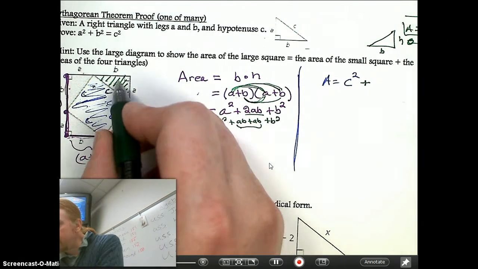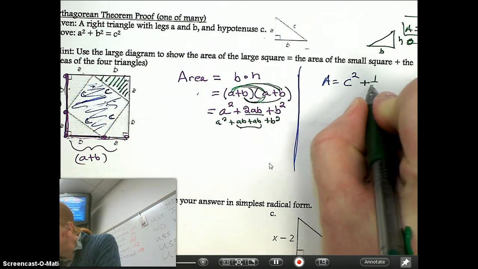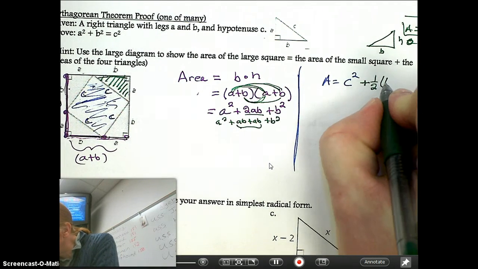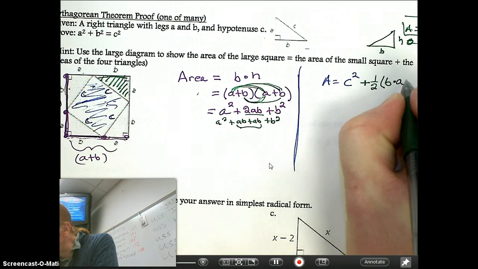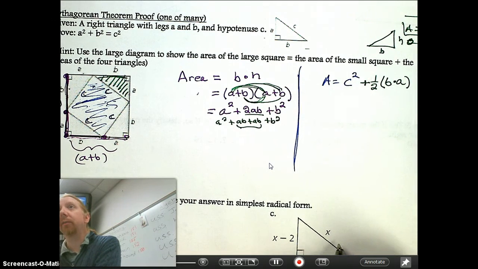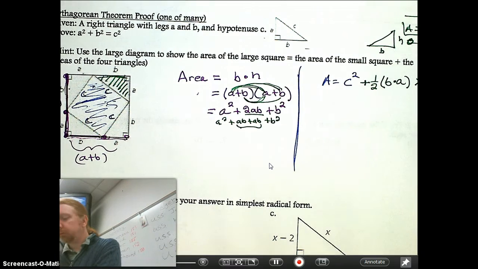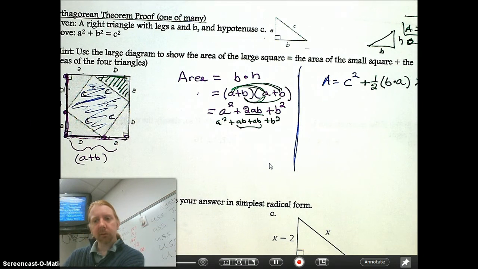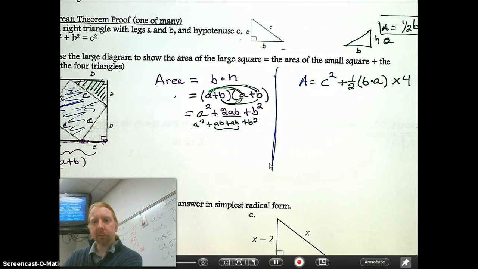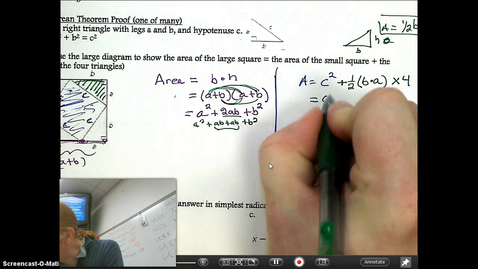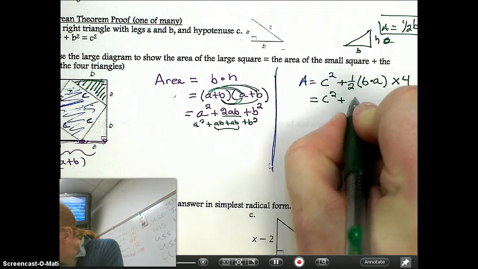So that means the area of that triangle in green is 1/2 base times height. And I've got 4 of those, right? Times 4. So that's the same as saying C squared plus 2AB.